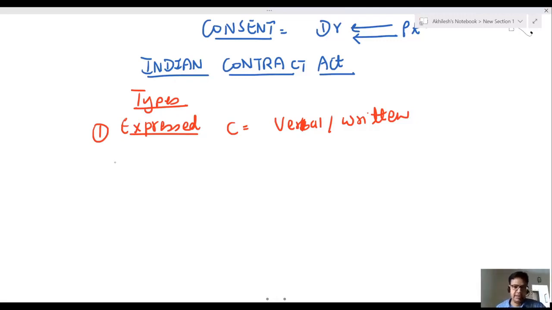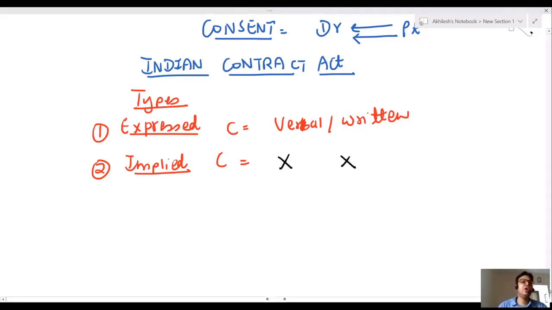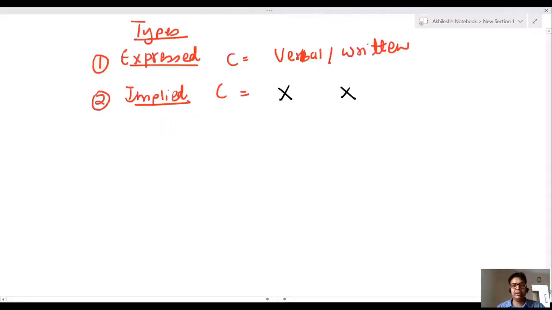Second is implied consent, my dear friend. What is implied consent? It is not verbal, not written, but still you are ready for the procedure.